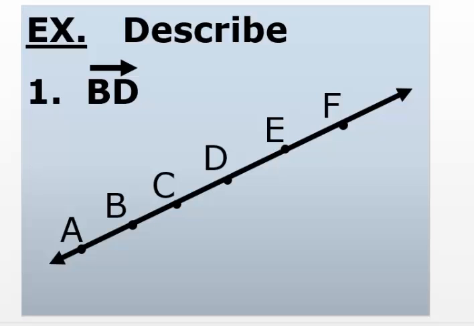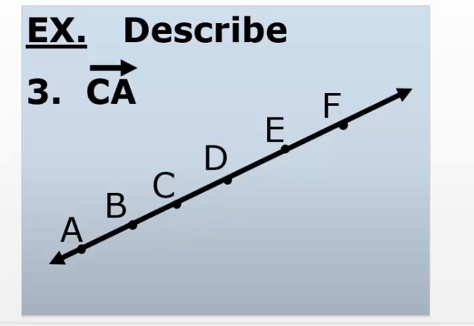Describe this ray BD. The way I would describe it is that it has an endpoint at B, so an endpoint here, and it goes in D's direction forever. Describe ray EA. Ray EA has an endpoint at E, but extends in A's direction forever.